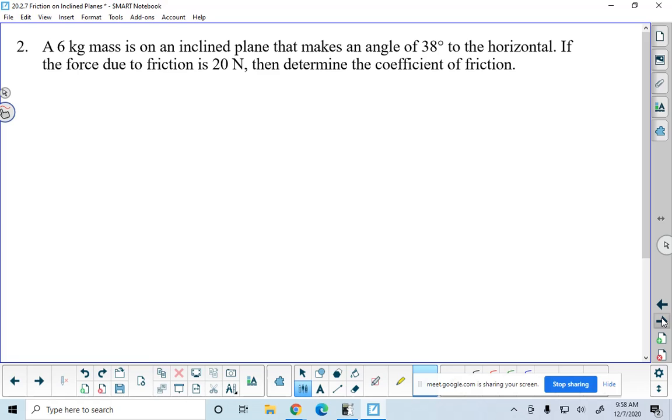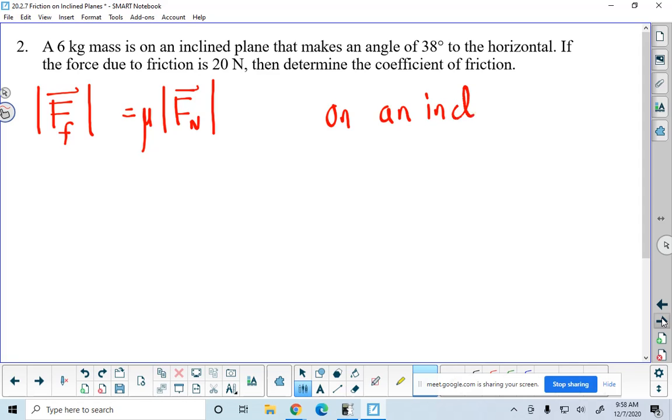A 6 kilogram mass is on an inclined plane that makes an angle of 38 degrees to the horizontal, and there's a force of friction of 20 newtons. So I guess we start, and I'm showing this to you from the standpoint of a written response assignment. We start with a formula on the formula sheet. Then we say on an incline, the normal force is equal in magnitude to the force due to gravity acting perpendicular to the ramp.